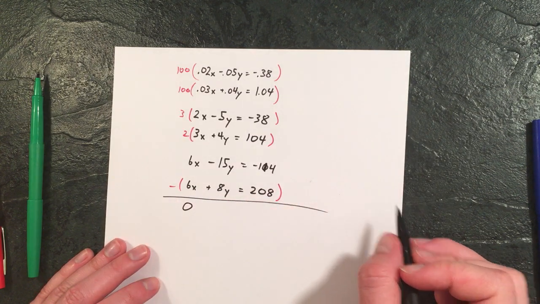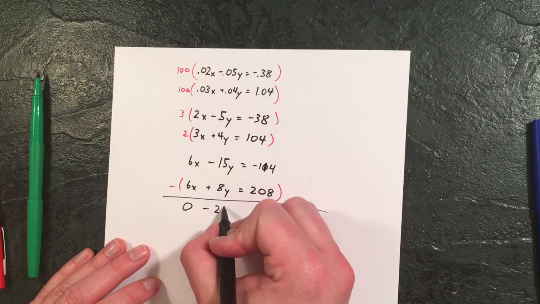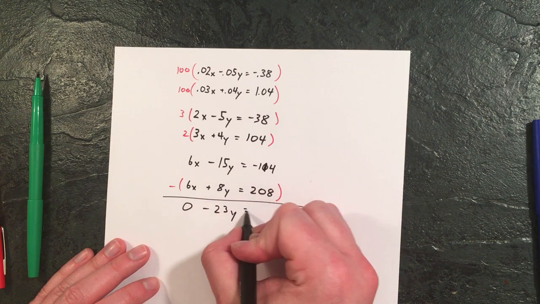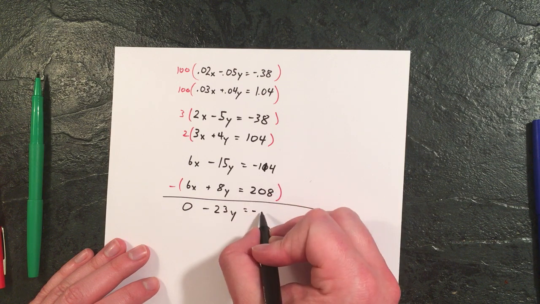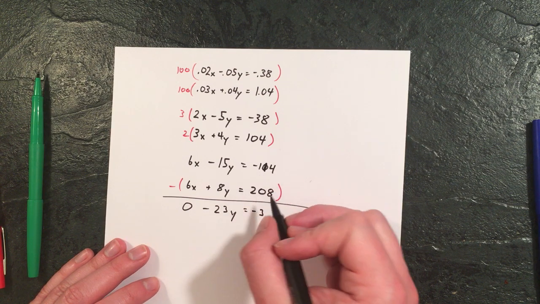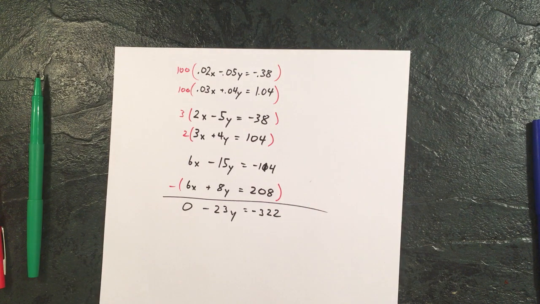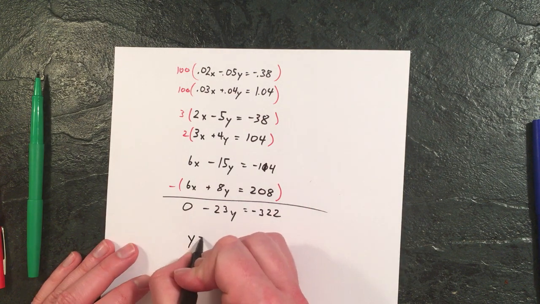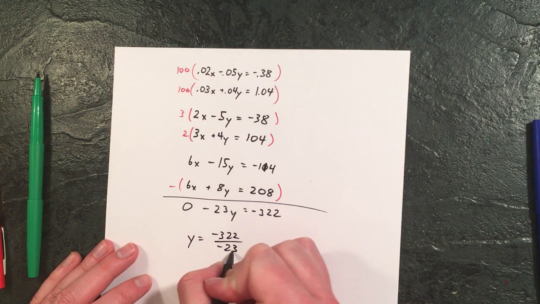We have our 0 here. This is going to become a negative 23y, and this one is going to become negative 322. Okay. Negative 322 divided by negative 23.